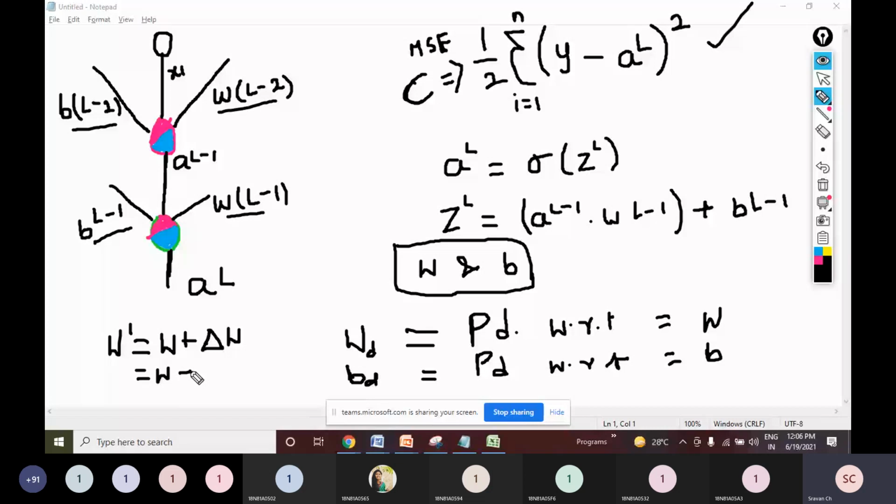What is eta? Learning rate. We have written a program for this also. How much stride you should take is decided by eta. Generally, we will take a very, very small value. So W minus eta into WD gives the new weight value.